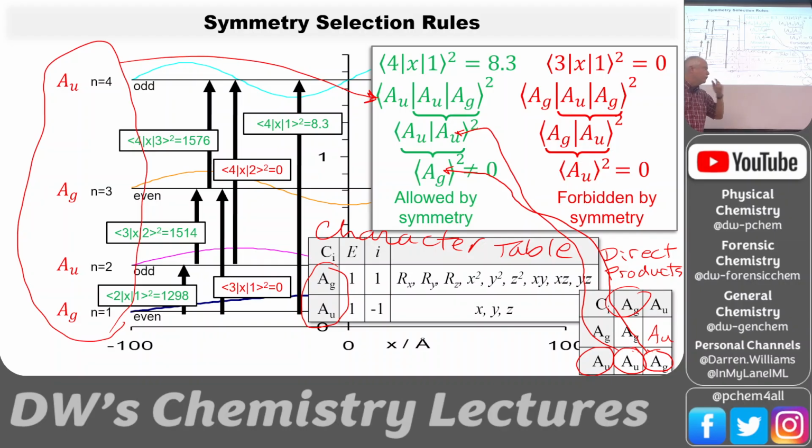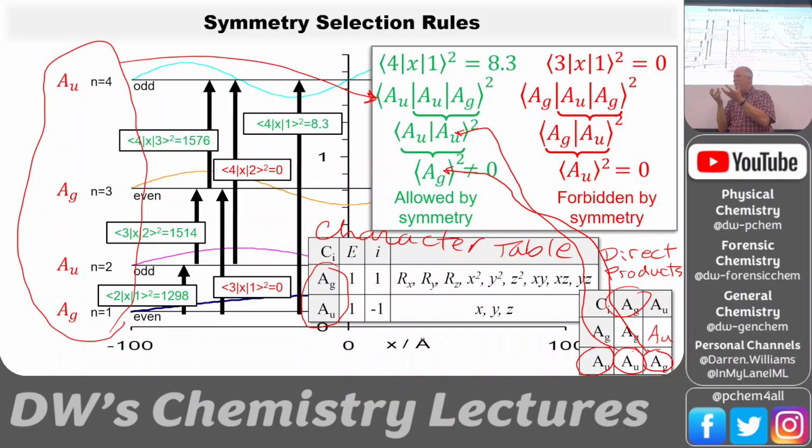So notice something. We can't get the direct product table, which tells us about our integrals, without the character table here, because that's where these pieces are. We can't get the character table without the point group. And we can't get the point group without a knowledge of the symmetry of the molecule, which requires a really good Lewis dot structure.